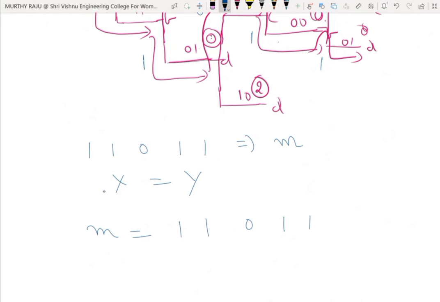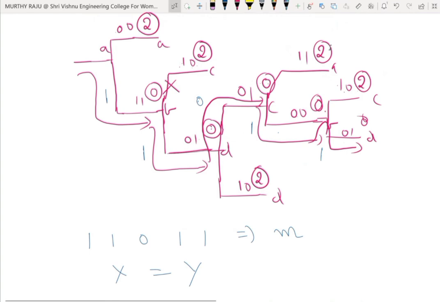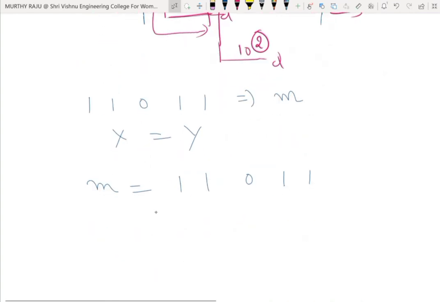x is the transmitted encoded sequence, and y is the received encoded sequence. If x is equal to y, there is no error. With the help of the sequential decoding method, we will get the original sequence m equal to 1 1 0 1 1.